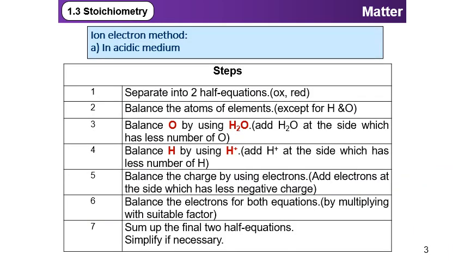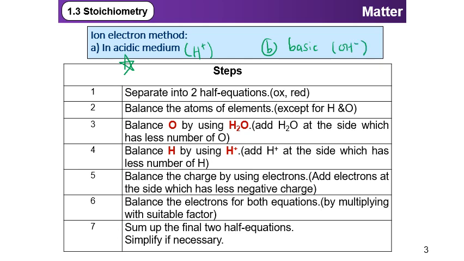When we want to balance a redox equation, we need to consider the medium. There are two media in this case. The first one is acidic medium, where you can see the symbol H+. The other one is basic medium, where you will see the hydroxide ion in the equation.